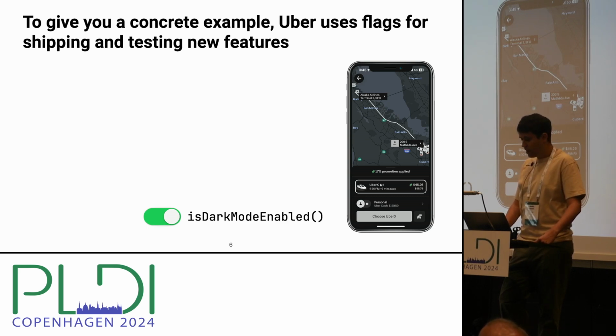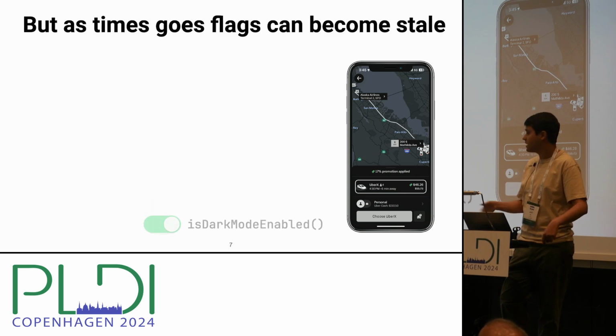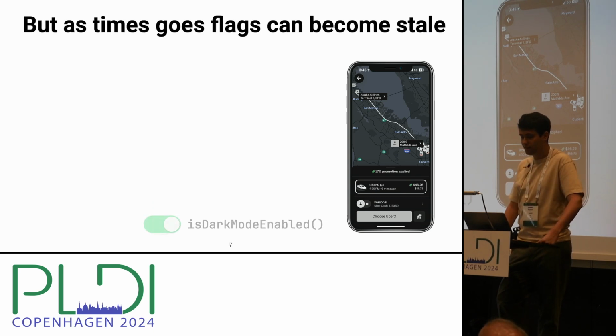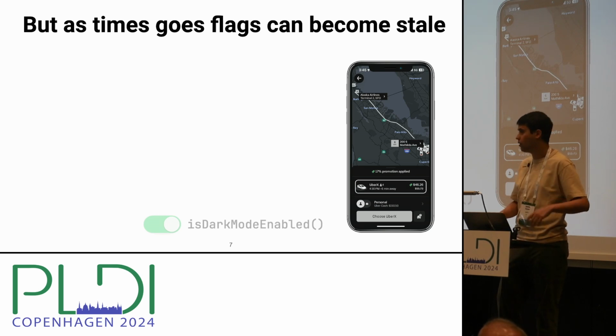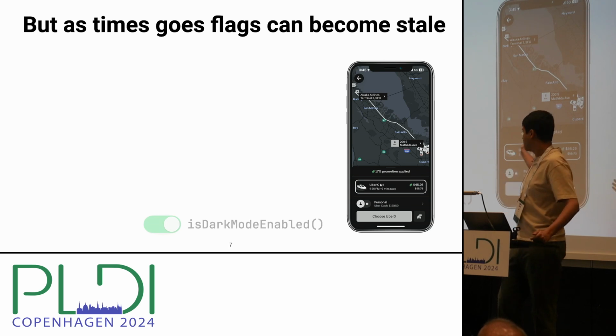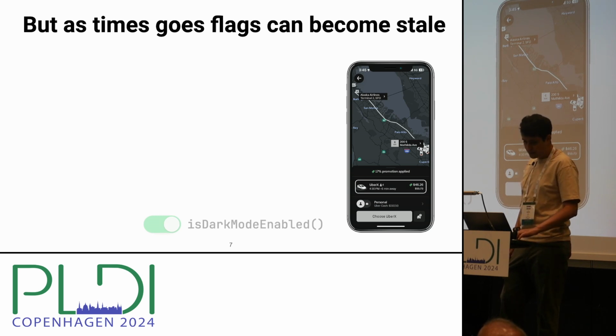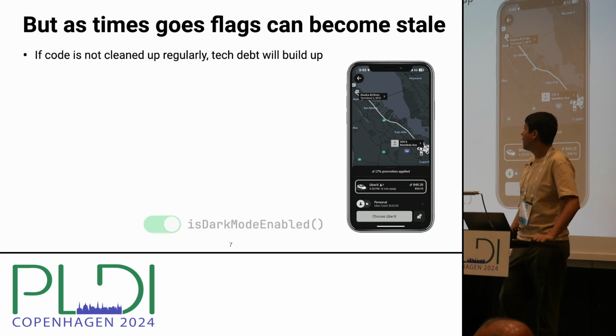As time goes on and the experiments go, a lot of these flags can become stale. What I mean here is flags that always become true or always become false. You can think of dark mode as permanently being on. If the code that's guarding this flag is not regularly cleaned, technical debt will start to build up.